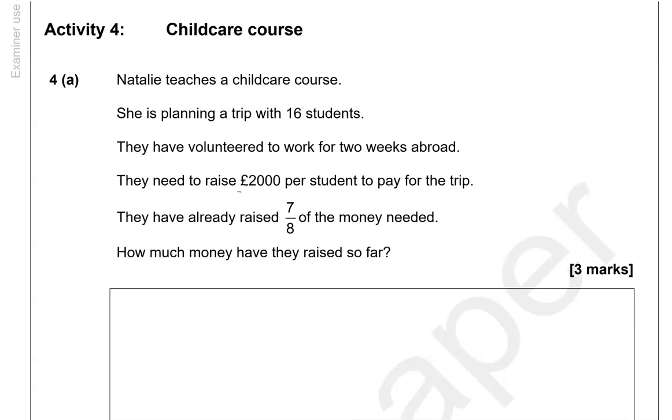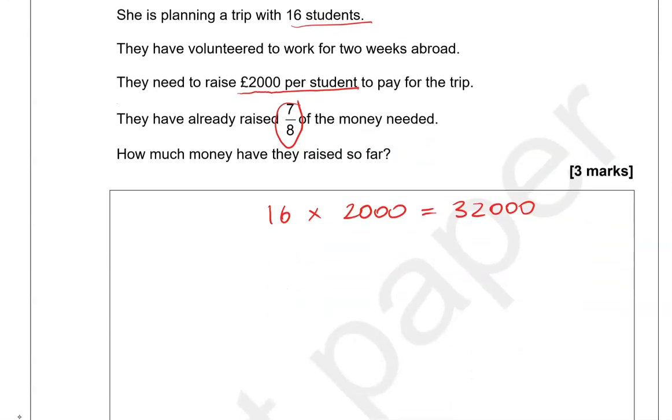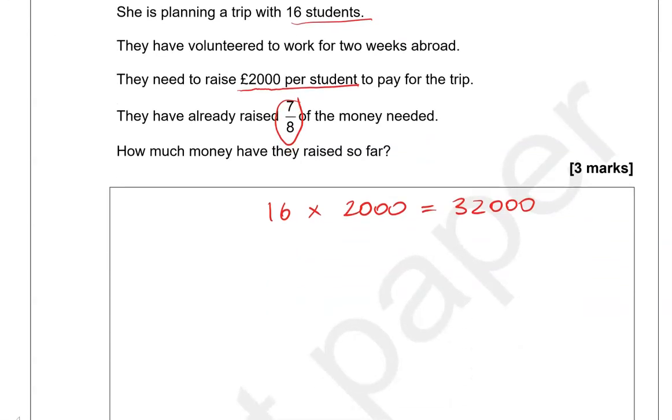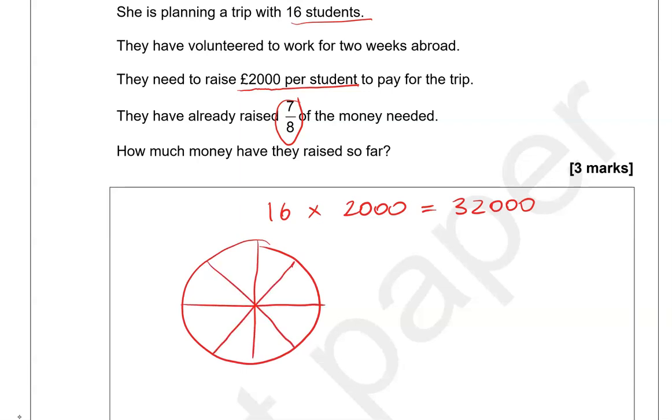So they need to raise £2,000 per student, and it's 16 of them. So 16 times 2,000 gives us 32,000. They've already raised 7/8 of that. So 7/8, that's 7 out of the 8.